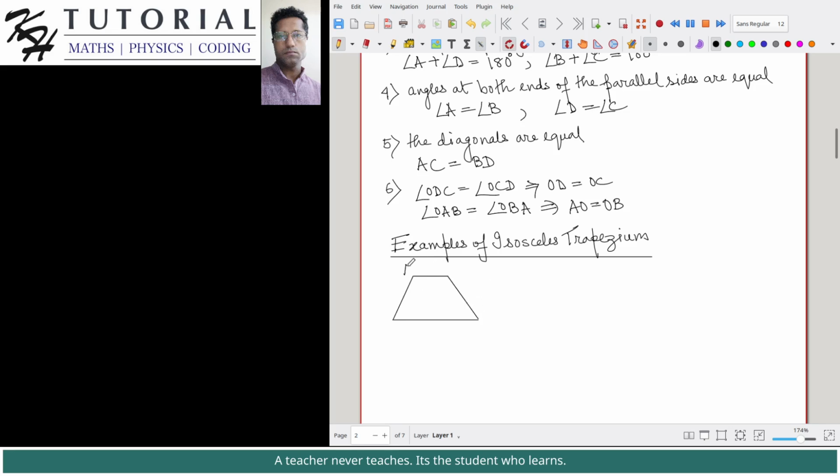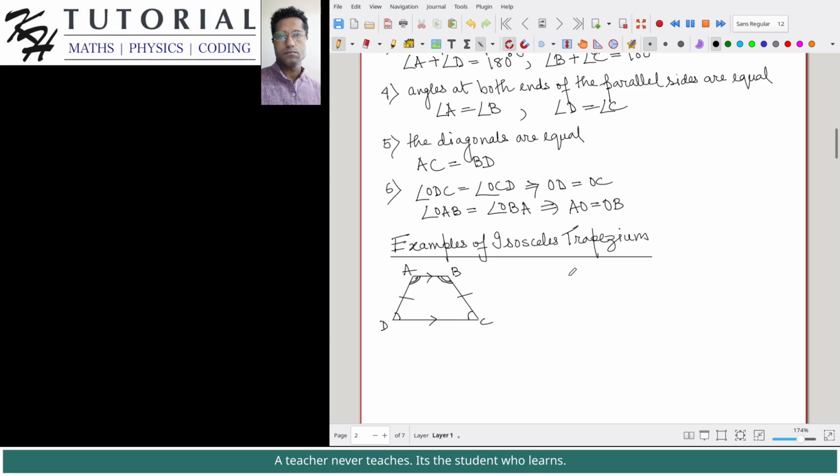So ABCD is an isosceles trapezium where AB is parallel to DC and AD is equal to BC. And of course, remember that angle D will be equal to angle C and angle A will be equal to angle B. And of course, the diagonals will be equal.